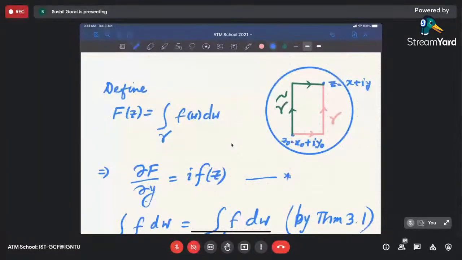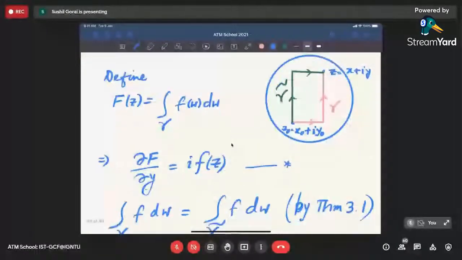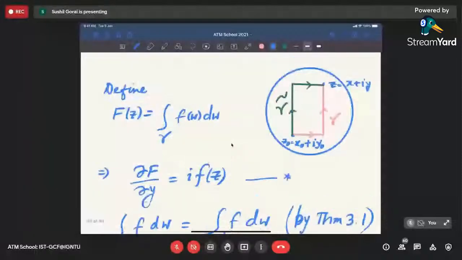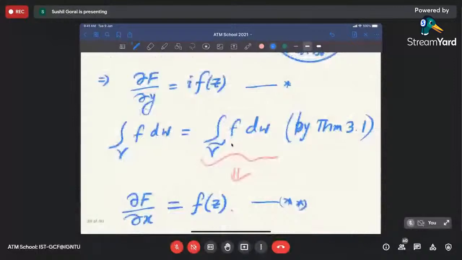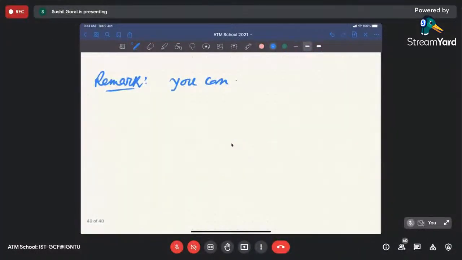Well, if you need more, that is also not a problem, because on the rectangles, integration is 0. So in fact, for this circle, you can actually go with 2, but if you need more, no problem.